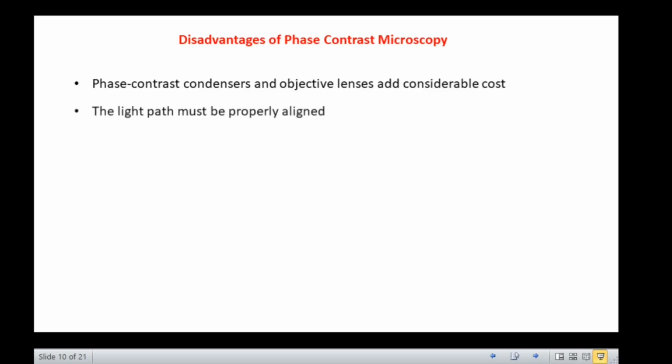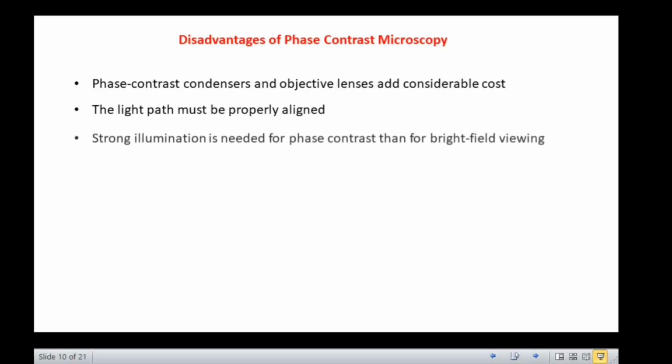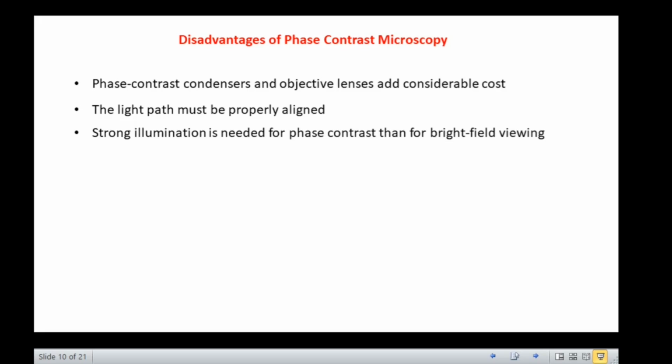To use phase contrast, the light path must be aligned. Generally, strong illumination is needed for phase contrast than corresponding bright field viewing, since the technique is based on the diminishment of the brightness of most objects. Phase contrast produces a halo around the images.